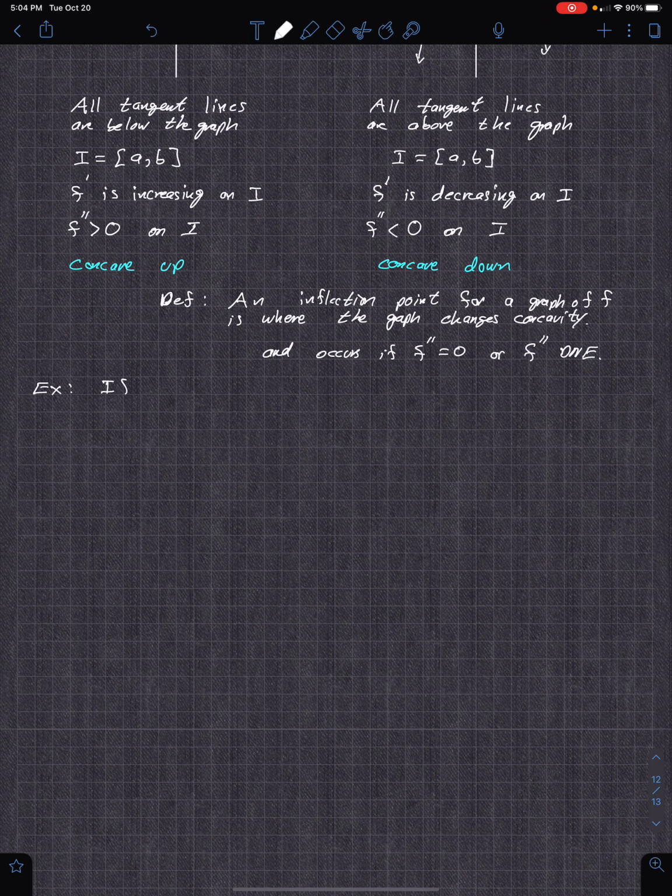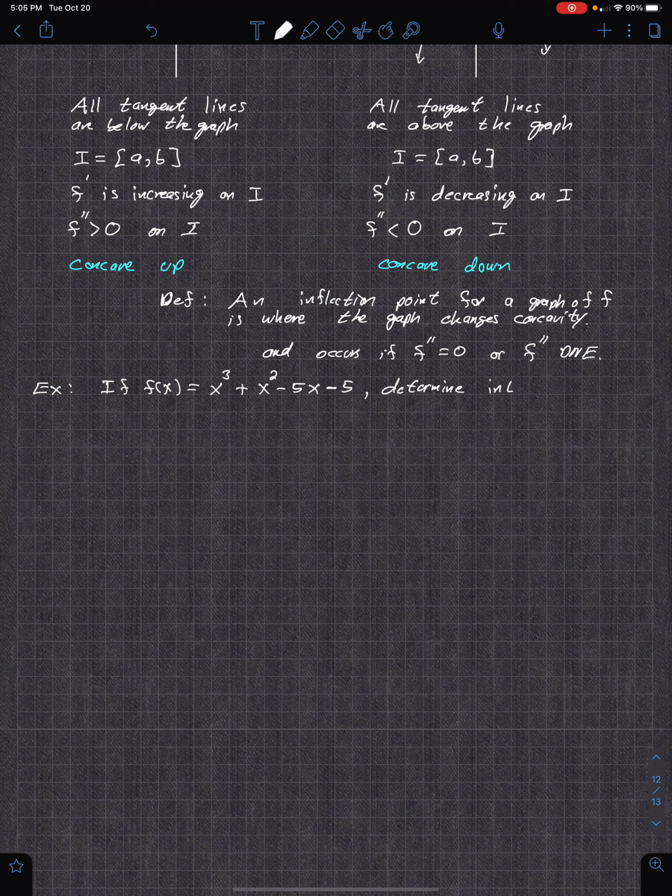So if f of x is equal to x cubed plus x squared minus 5x minus 5. Determine intervals of concavity, or intervals where f is concave up or concave down. Sometimes I've seen some books say discuss concavity, but that's what they're asking.